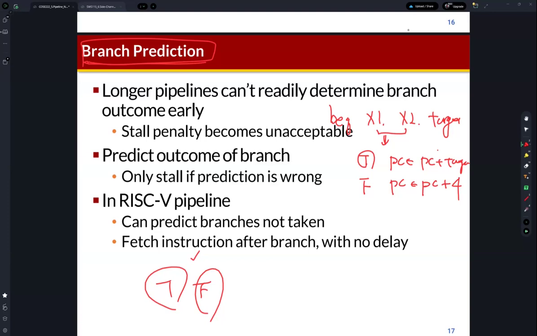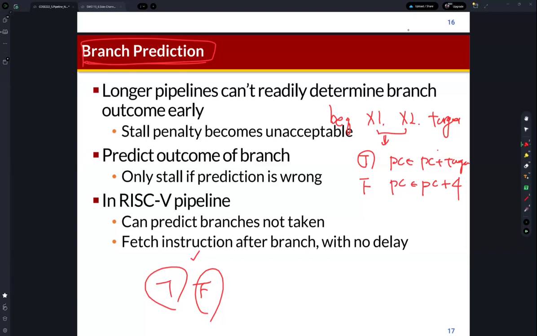The prediction is the same. We don't know the real result of this branch instruction, but we can predict. And if the prediction is true, it's good. The performance will not be degraded.